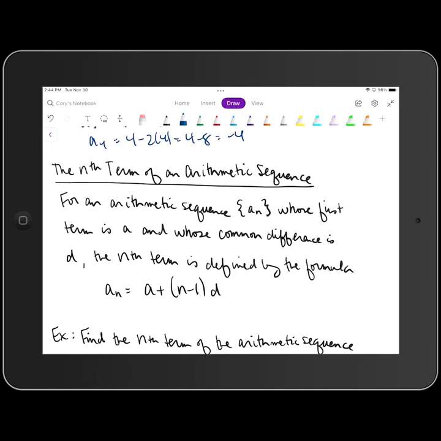So it says for an arithmetic sequence, a sub n, whose first term is a and whose common difference is d, the nth term is defined by the formula a sub n is equal to a plus n minus 1 times d. Okay, so the nth term a sub n is equal to the first term a plus n minus 1 times the common difference d.